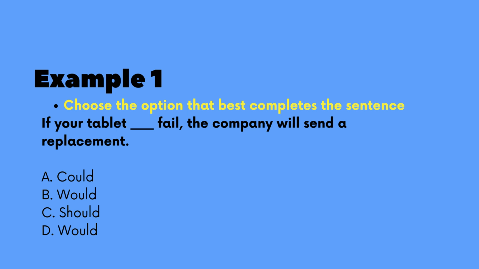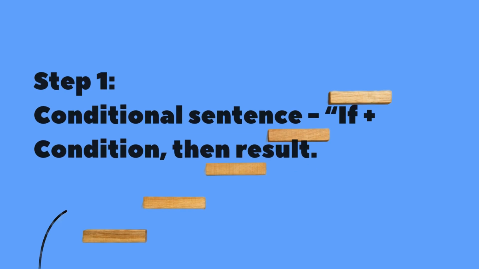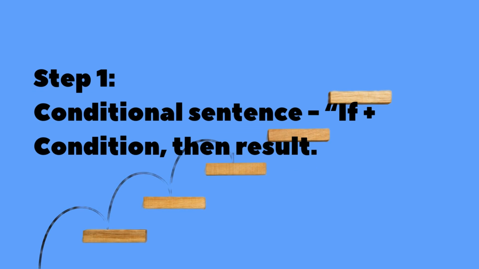So the first example says, if your tablet fell, the company will send a replacement. If your tablet dash fail, the company will send a replacement. So I will still maintain my scientific method, where in step 1, I try to identify the subject, the verb or object, or what kind of sentence are we dealing with here.